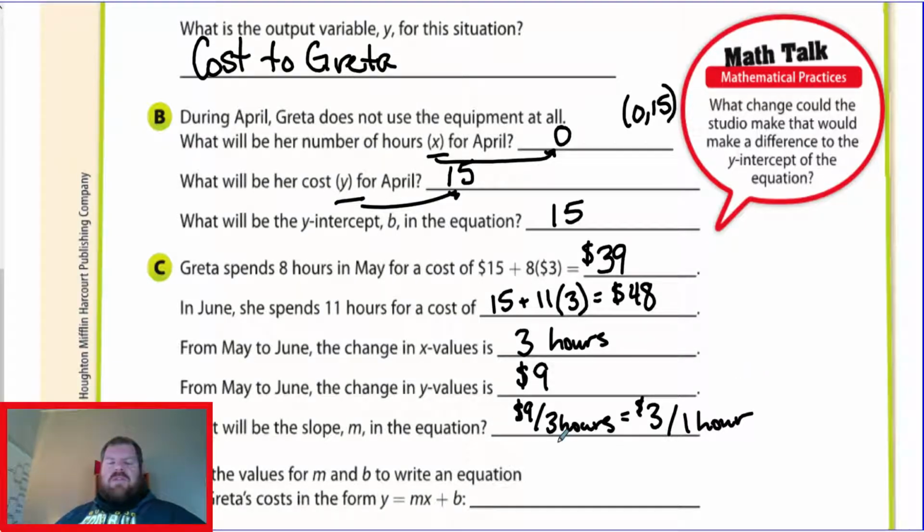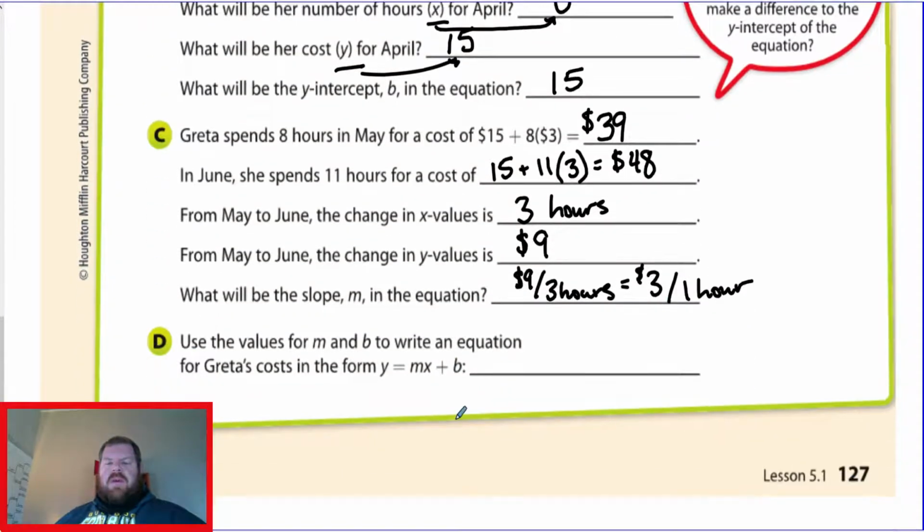We want to use the values for m and b to write the equation. So we have b is 15 and m is 3. So we could write this as y equals 3x plus 15, where x is the number of hours and y is the cost. Okay.